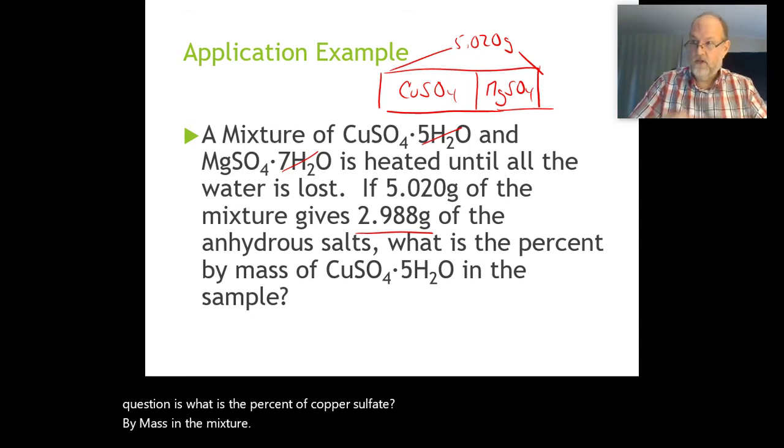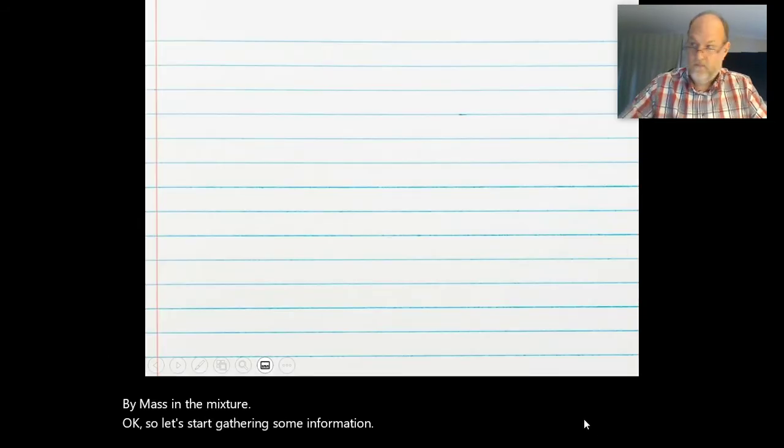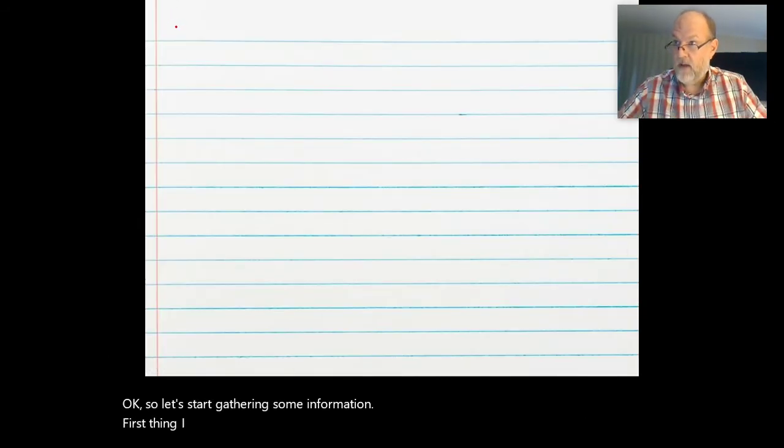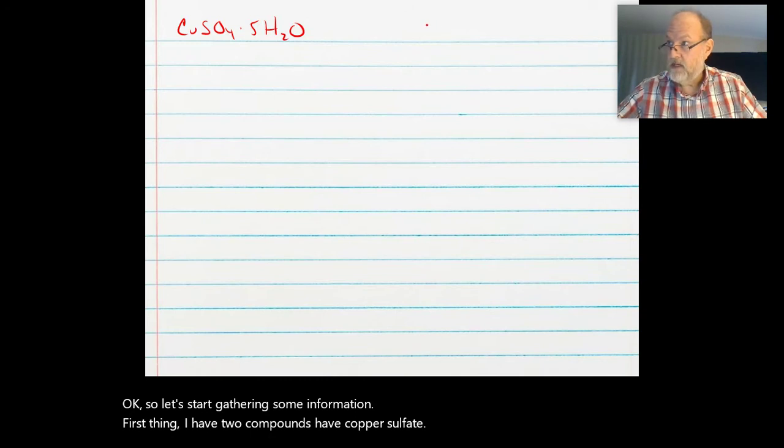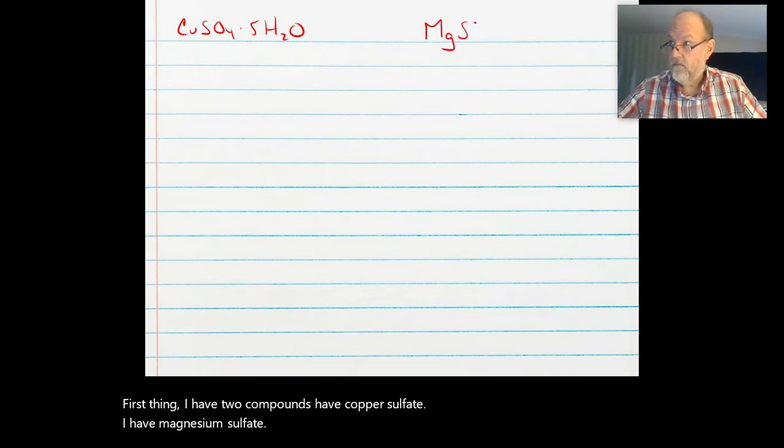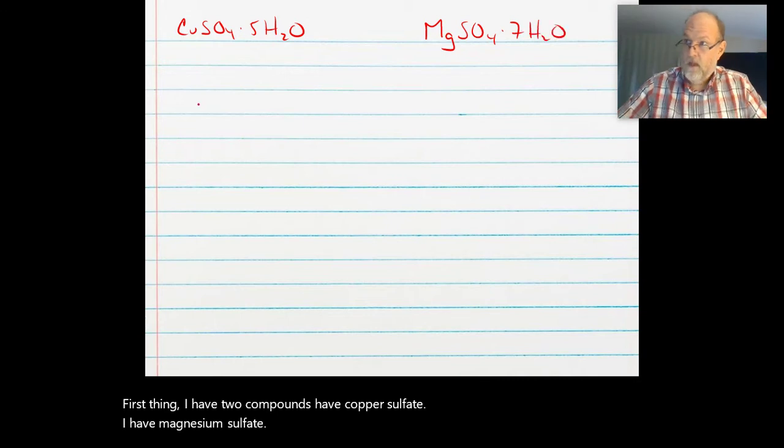Okay, so let's start gathering some information. First thing, I have two compounds. I have copper sulfate and I have magnesium sulfate. I know I'm going to need these, so I calculated them.